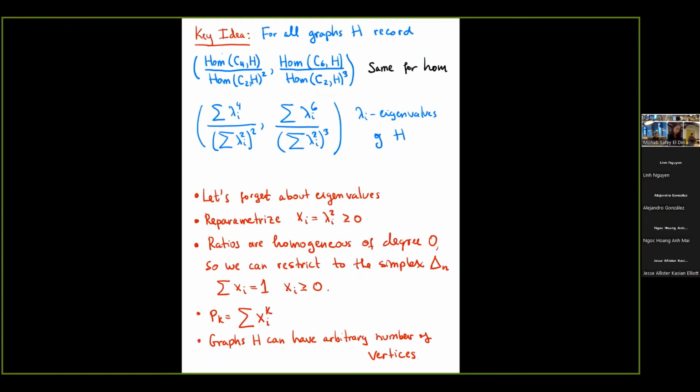Now here is the thing that I want to record. For any graph H, I want to produce a point in the plane, so a point with only 2 coordinates. What am I going to record? The homomorphism number of C4, the 4-cycle, to H divided by the 2-cycle, which is just H squared. Then the homomorphism number from C6 divided by C2 cubed.